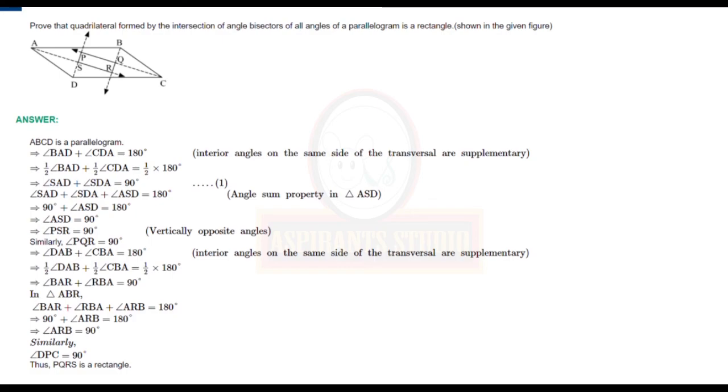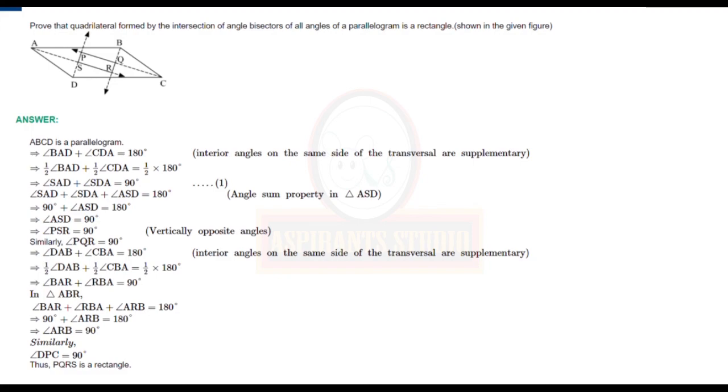So you will get that equation becomes 90 degrees plus measure of angle ARB is equal to 180 degrees. Therefore, measure of angle ARB is equal to 180 degrees minus 90 degrees, that is equal to 90 degrees. Similarly, you can prove measure of angle DPC is also equal to 90 degrees.